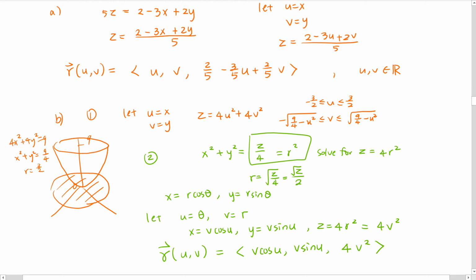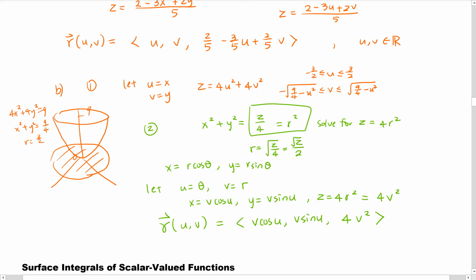What is the good thing about it? Now u is like theta, so u is between 0 and 2 pi.